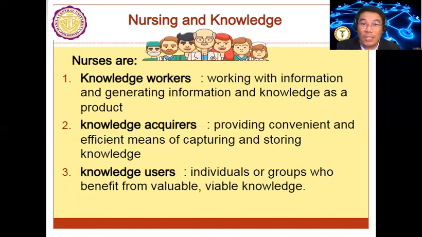And knowledge users, it is on how the nurse will utilize the knowledge that is doable, manageable, sustainable, and may lead to a product or an outcome that is more relevant, more meaningful, and more useful. So it will be beneficial for the individuals or the groups.